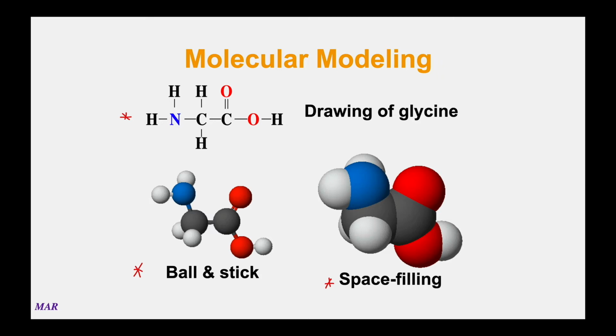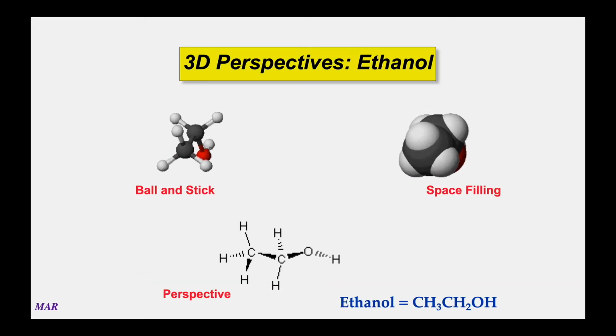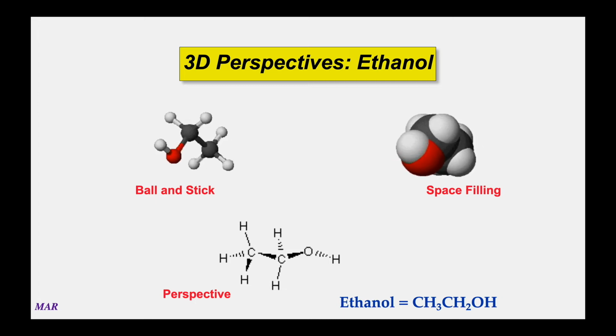Space filling models, although they are probably the most accurate, are difficult to see, so they're not used that much in traditional chemistry, but they do have uses sometimes too. So these are all ways of showing what glycine is. Here's another example. This is ethanol, another compound. Ethanol is actually drinking alcohol.